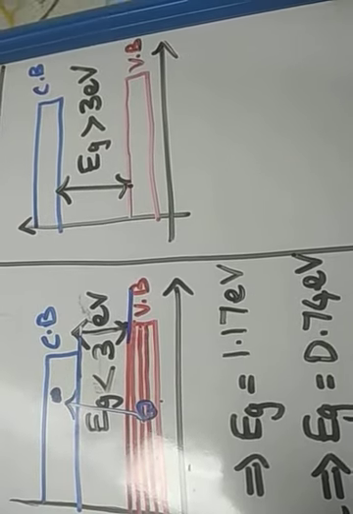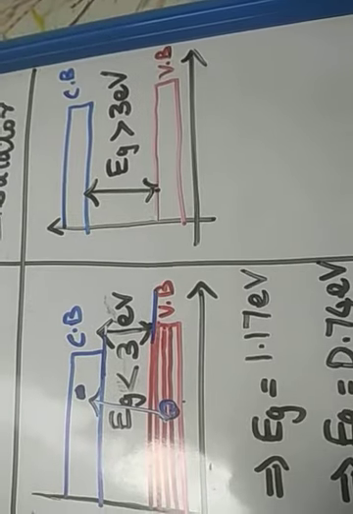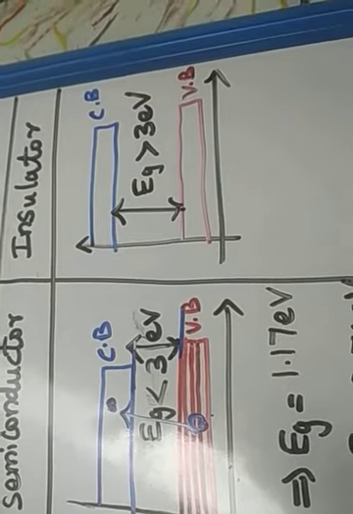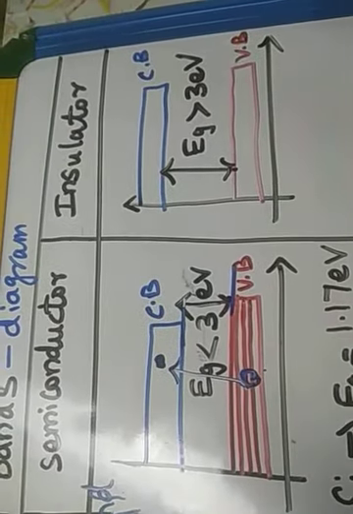So the bonding between the nucleus and the electrons is stronger, so it is impossible to break that. But I will say that in certain cases the insulator, when the temperature increases, will liberate electrons. That is a separate section at the class 12 level.